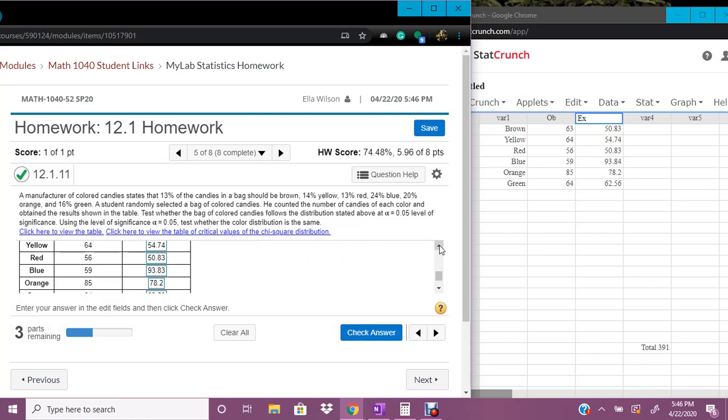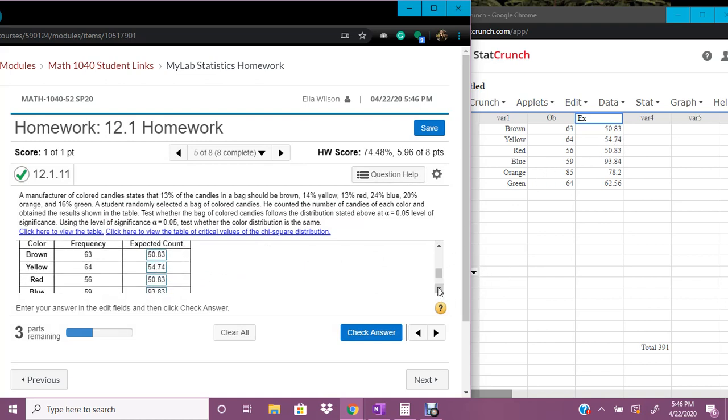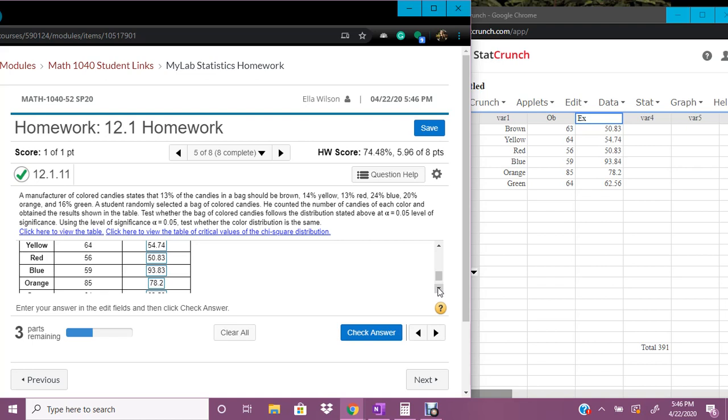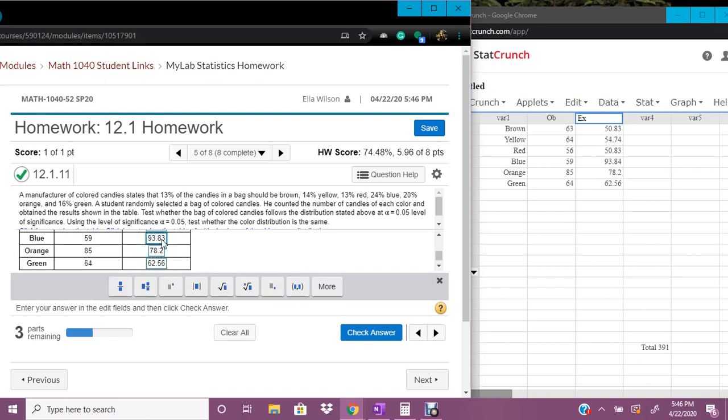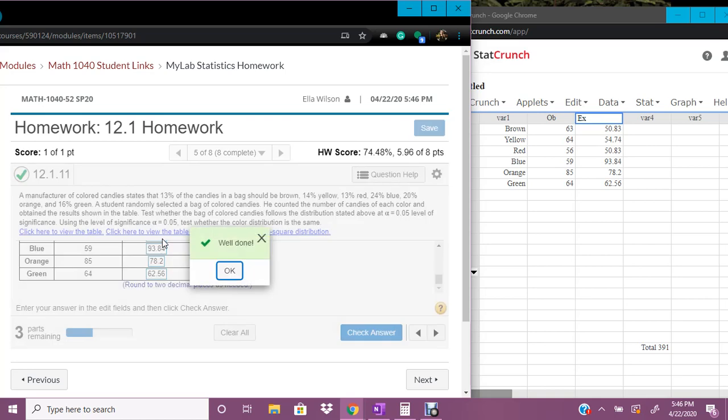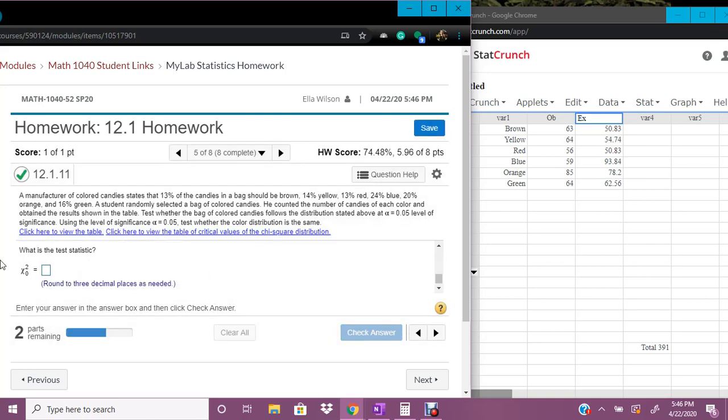One of my answers is incorrect. Do they all match? Oh, this is supposed to be 8.4. Oh, 1 decimal, guys. 1 decimal.